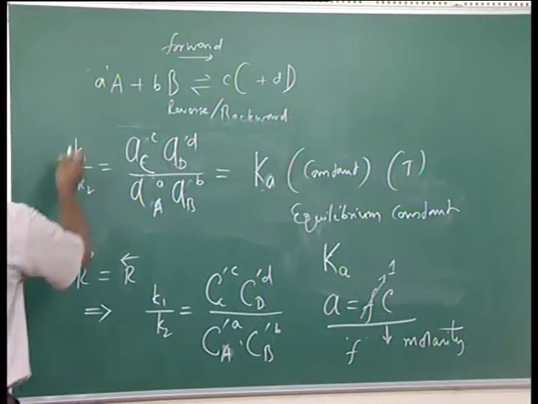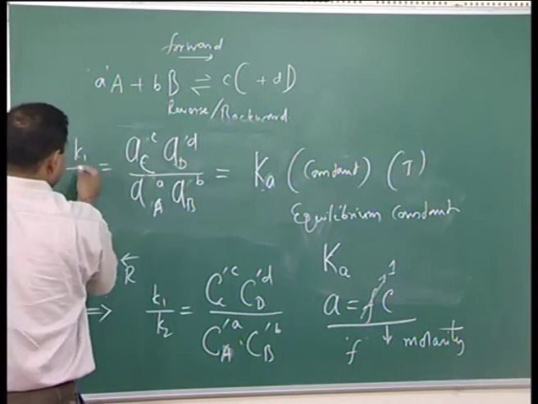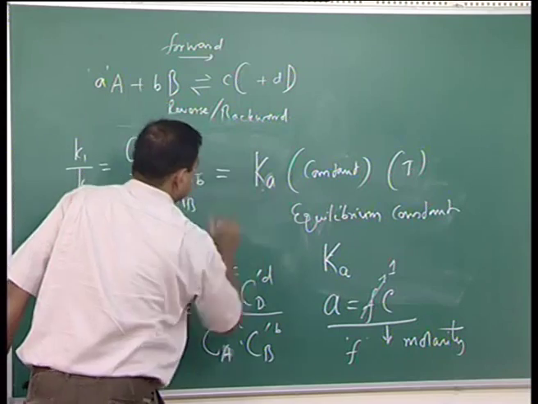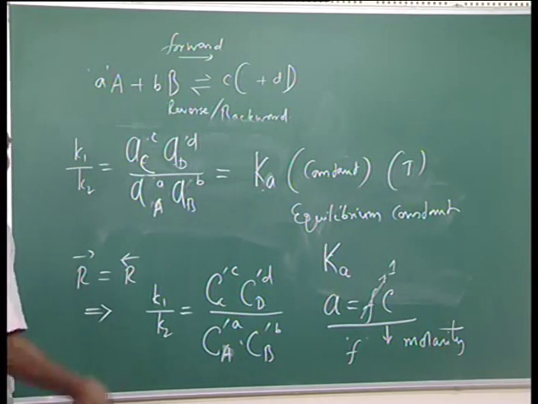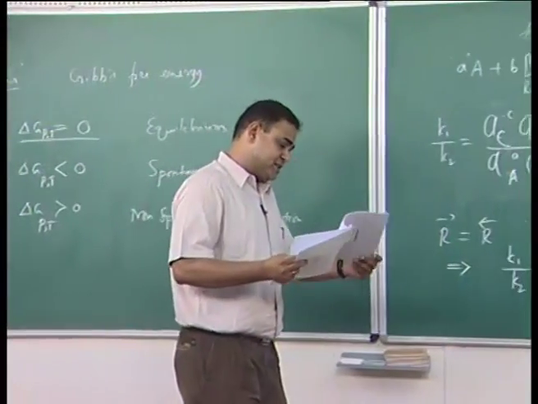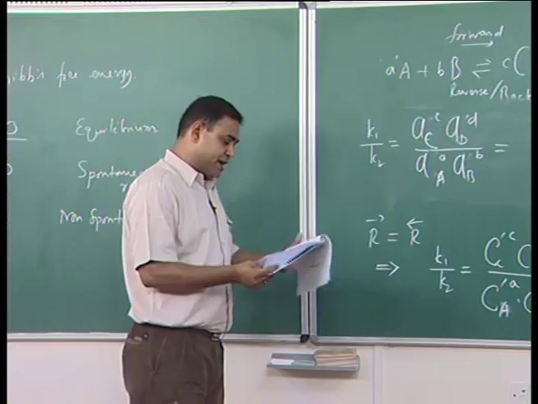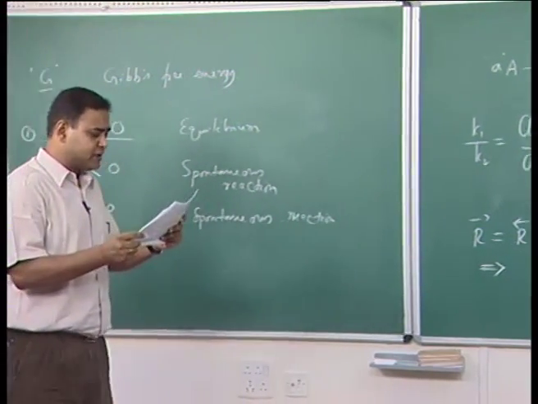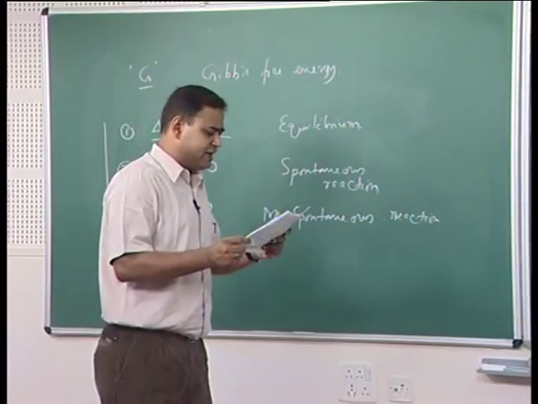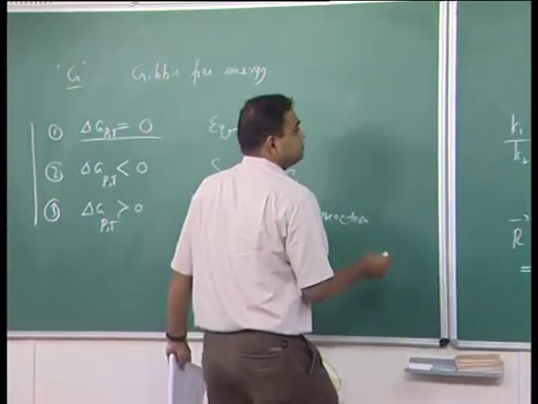Now this formation of Ka or Kc with the active masses or the concentration was found out by two famous scientists, the Norwegian chemists Guldberg and Waage, and they called it the law of mass action.